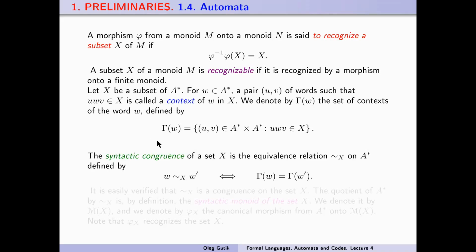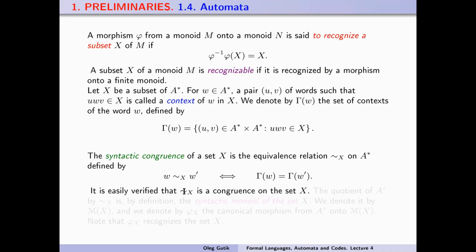The syntactic congruence on the set X is an equivalence relation, similar X on A star, which is defined in the following way: W and W prime are equivalent under this relation if and only if gamma of W is equal to gamma of W prime.